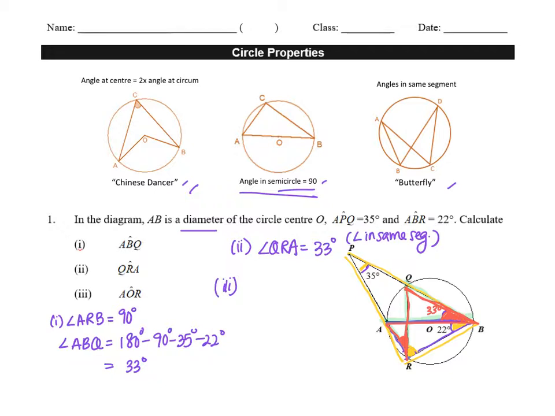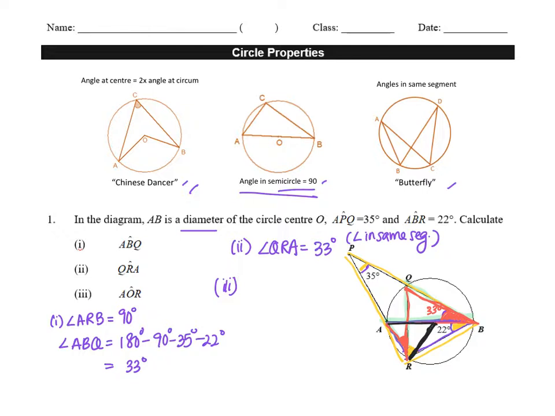Find angle AOR. Have I drawn AOR in my diagram? So let us draw AOR in our diagram. O is the center of the circle. Is there any property that's related to the center of the circle?